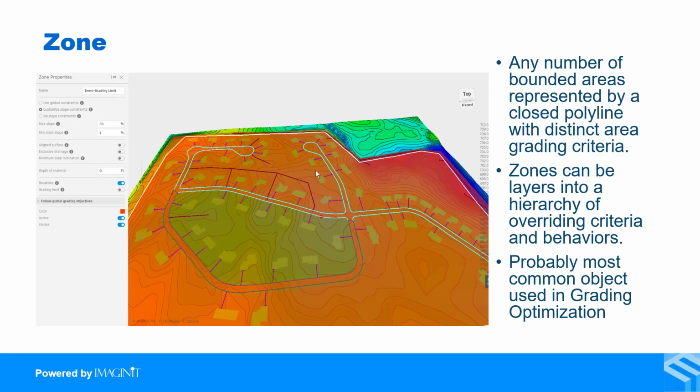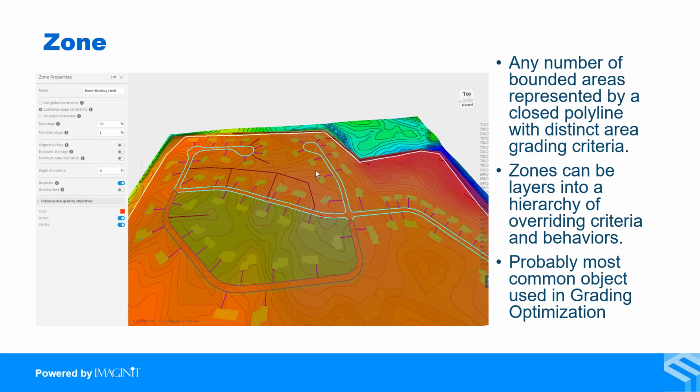Zones, as I said, are the most common type of object you're going to use in grading optimization. And there is one object called a zone that is the most basic, that you would use most often.